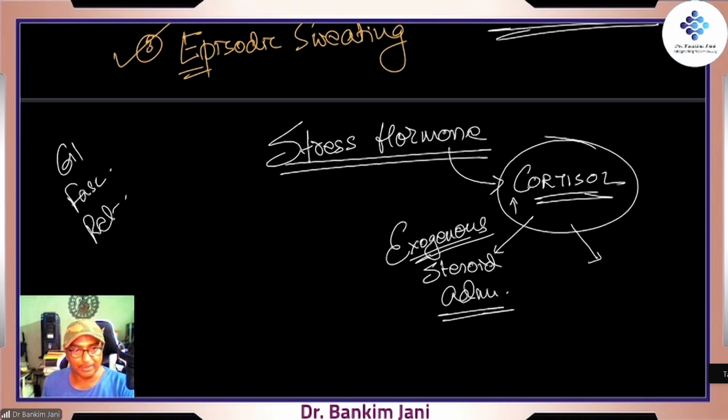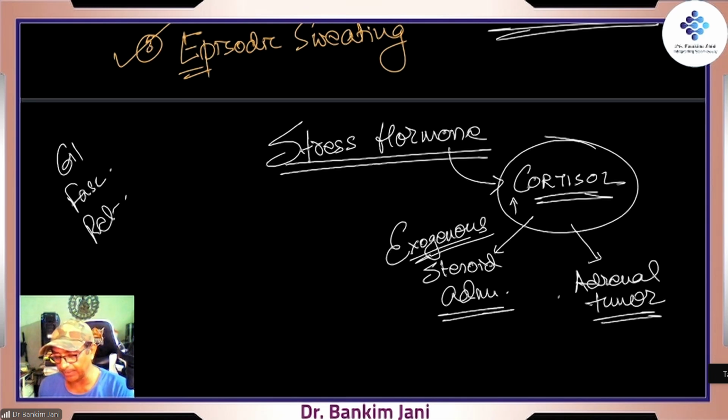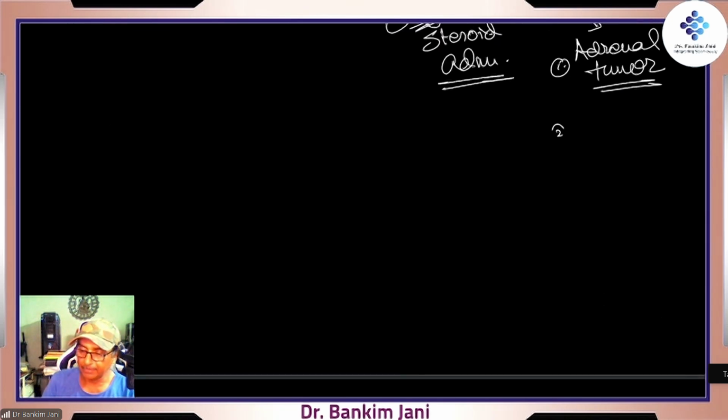So that is one. Another is when there is a tumor. There can be an adrenal tumor, which leads to an increase in cortisol. Or the pituitary, the entire endocrine axis.